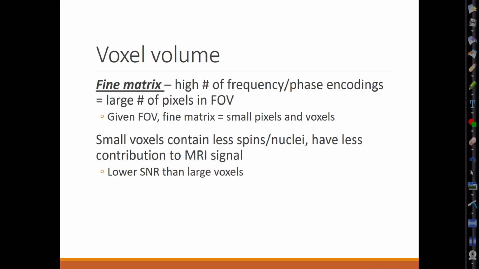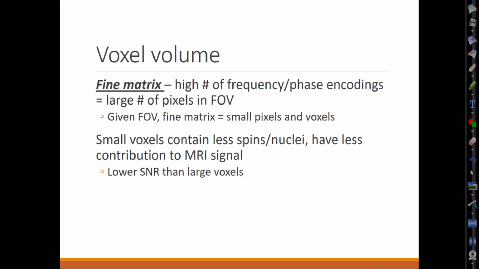If you see large matrix, it doesn't mean large voxel. Large voxel is associated with coarse matrix. So fine matrix, you could say, is associated with smaller voxel. So would the signal be less then? Perfect. Because you have less of those nuclei spins within them. But higher spatial resolution. Good.